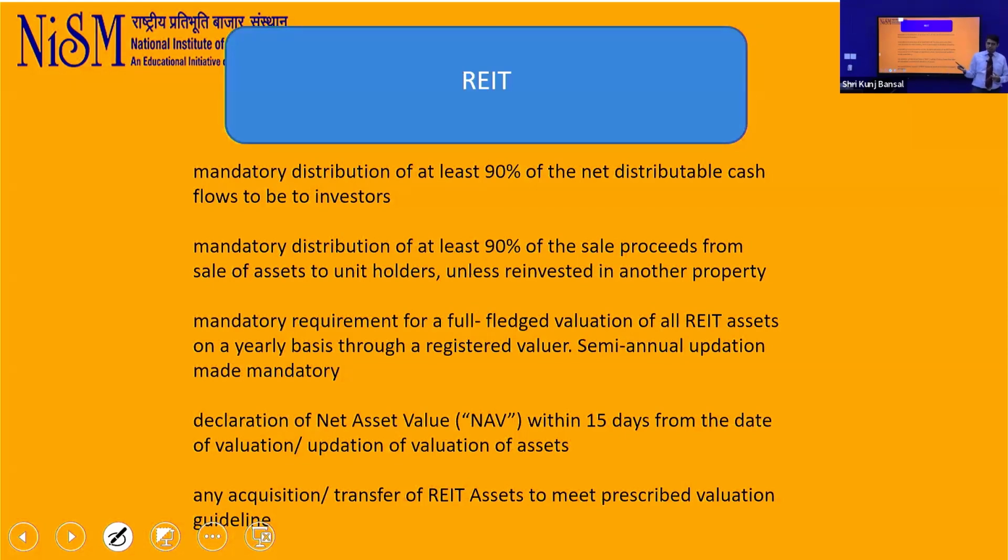There's no compulsion. Just like we have a choice in mutual funds, whether we want to invest in debt or equity, real estate is also a choice. Some more things which I have already highlighted: mandatory distribution, at least 90%, which is the important point. It can be more than 90, but it has to be a minimum of 90%.